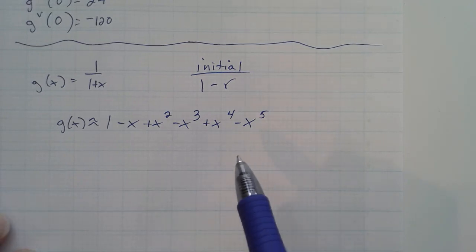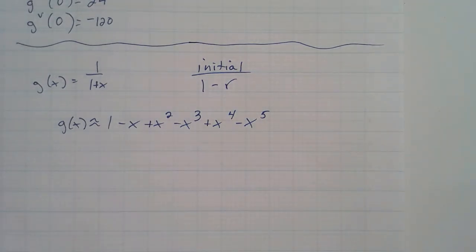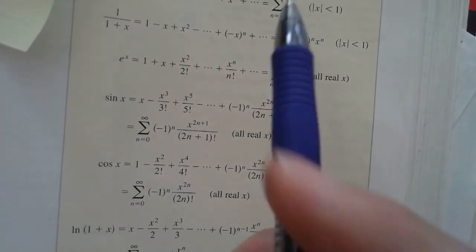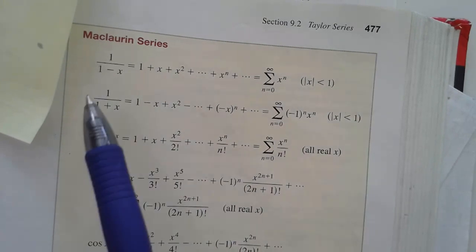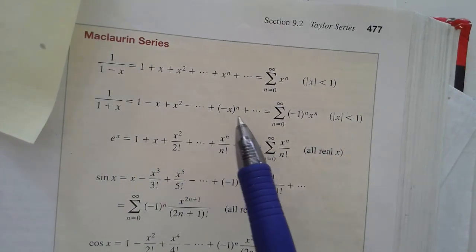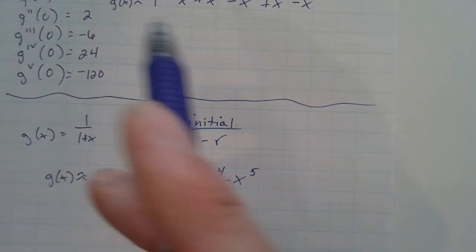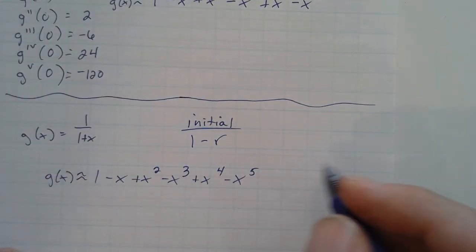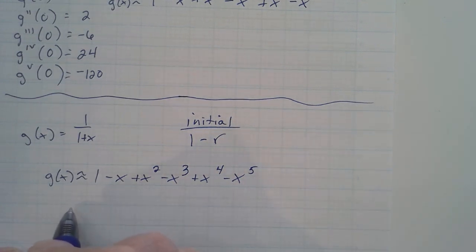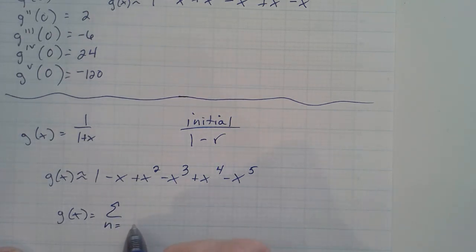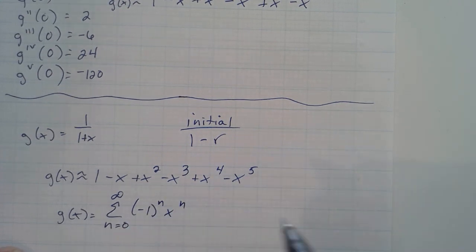And yet another way to do it would be to visit page 477, and there it is. It's negative 1 to the n, x to the n, which I could have figured out from these other ones. So g of x is actually the sum from 0 to infinity of negative 1 to the n, x to the n.